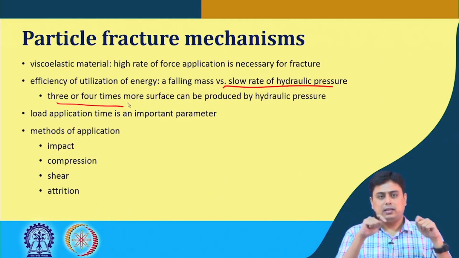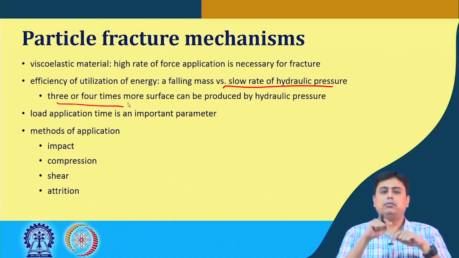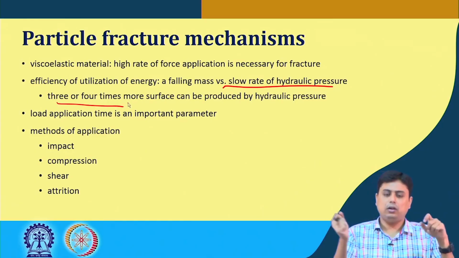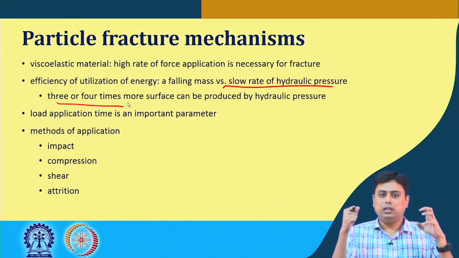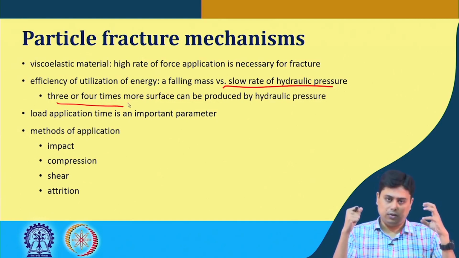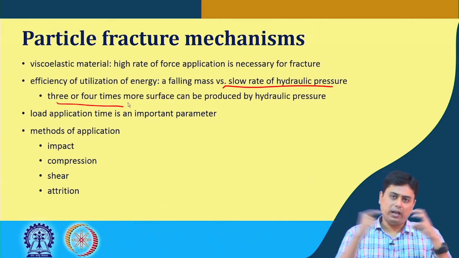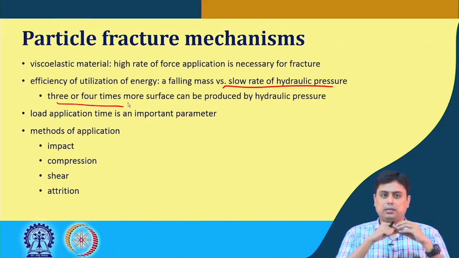Shear is happening between the fluid and solid particles, the shearing action. A jet of, say, water, you hold the coal particle in a certain single frame or fixed frame, and the water jet hits that coal particle, say.